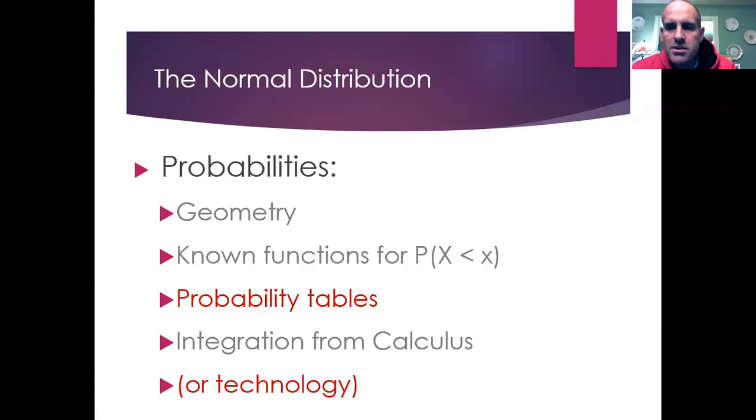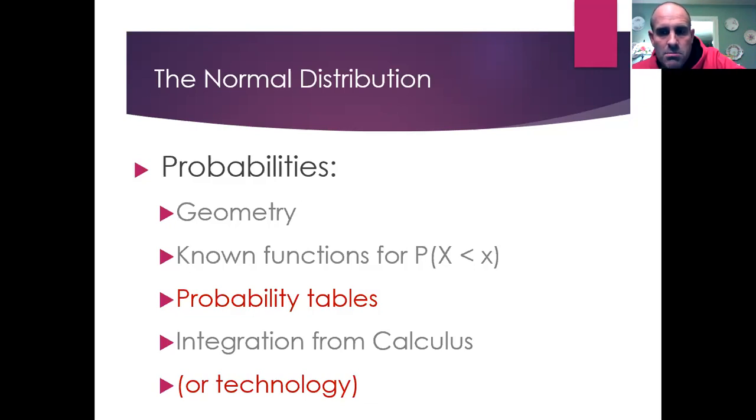You can use probability tables, which are oftentimes in the back of probability and statistics textbooks. You can find them on the web also. That used to be the only way to do these things. We've been making use of Excel, which is technology, the last option. You could also integrate the density to find probabilities.